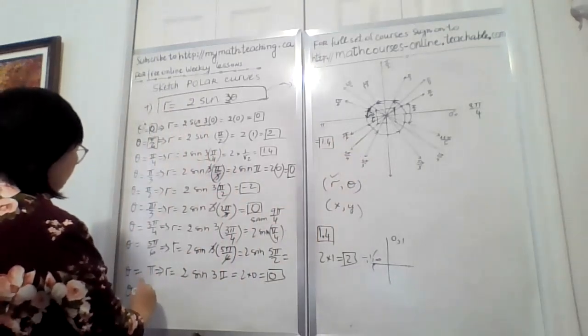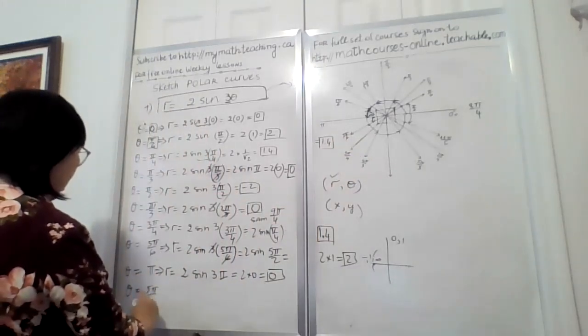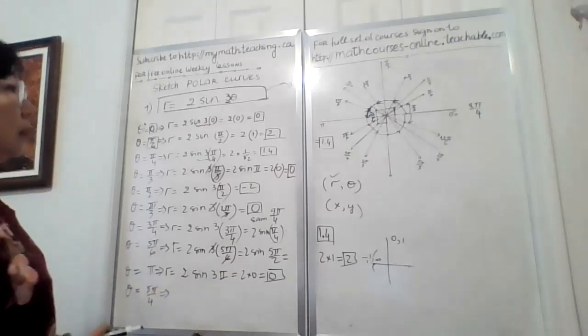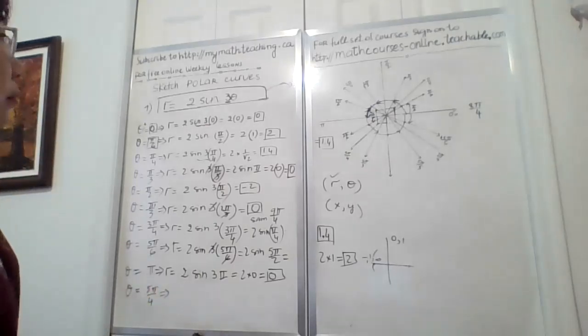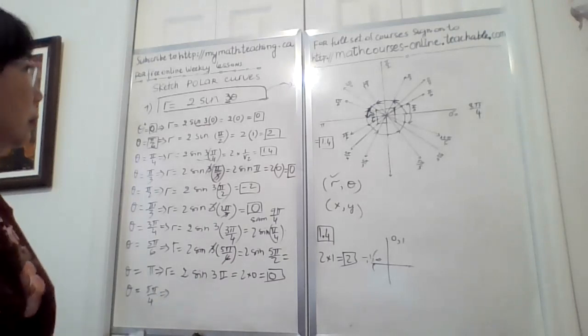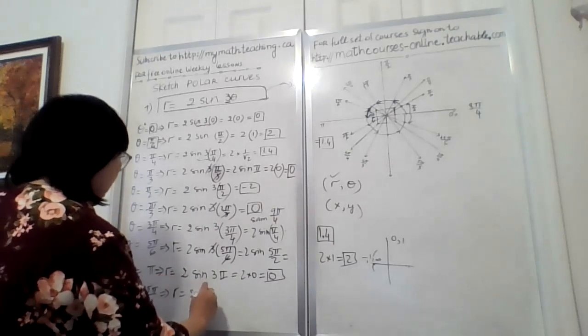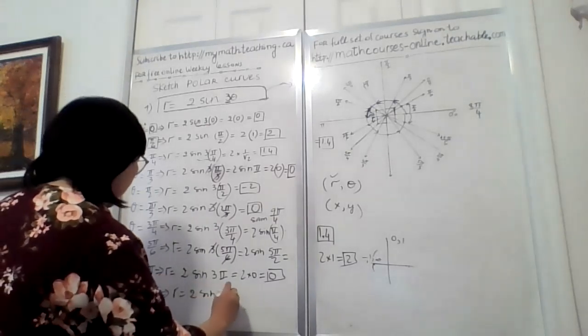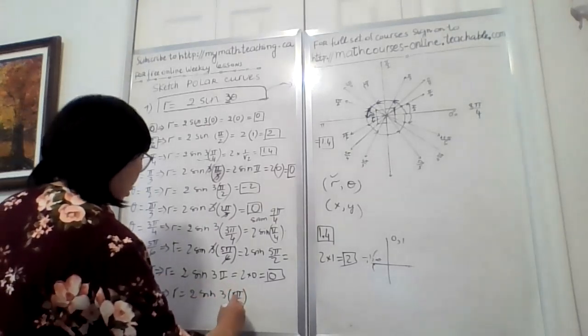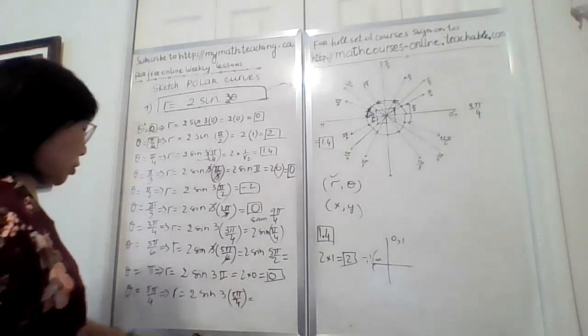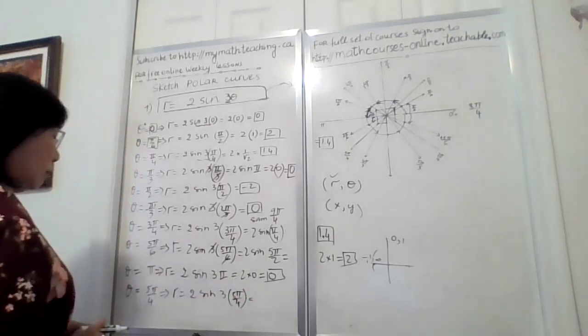So if theta equals 5 pi over 4, what happens? R will be equal to 2 times sine of 3 times 5 pi over 4, which is 15 pi over 4.